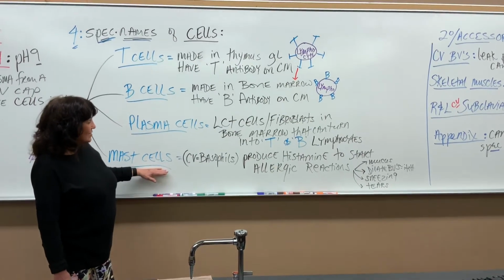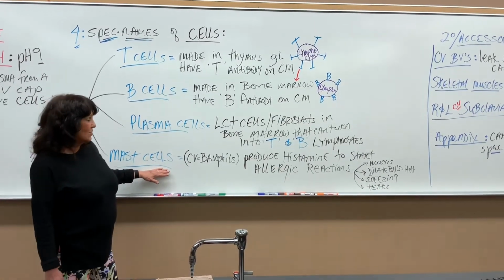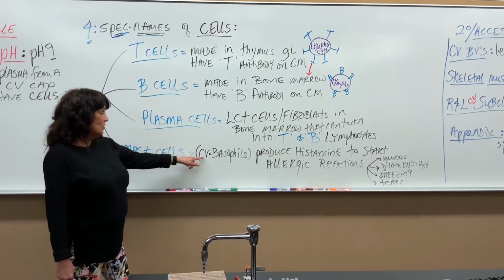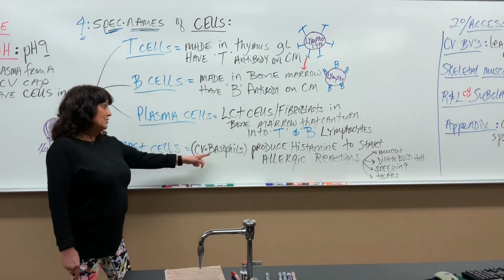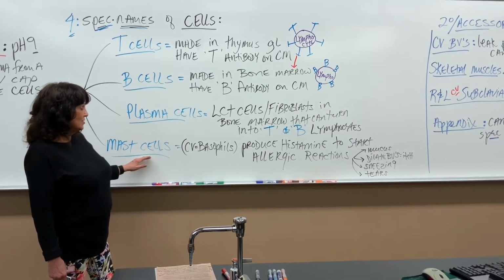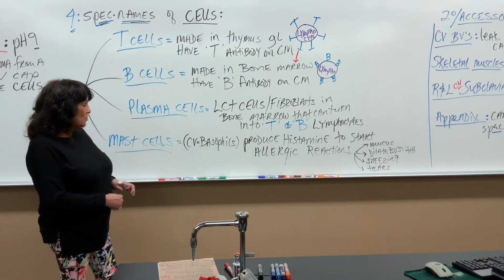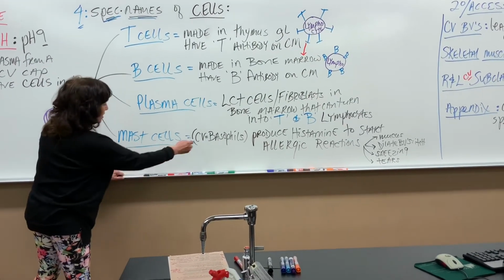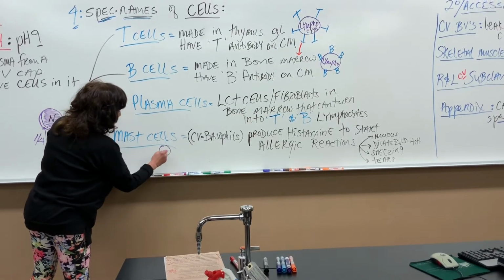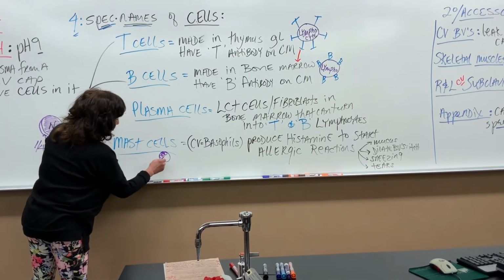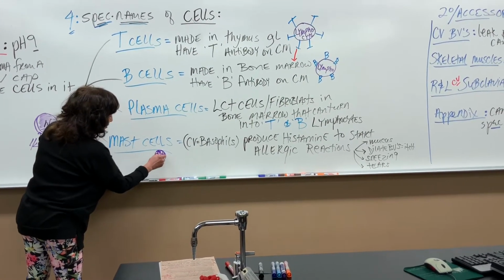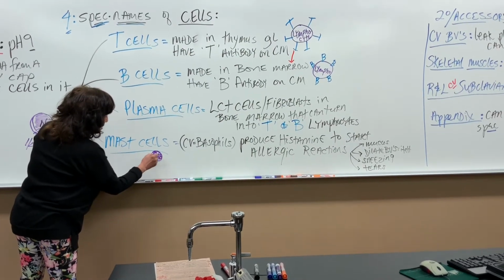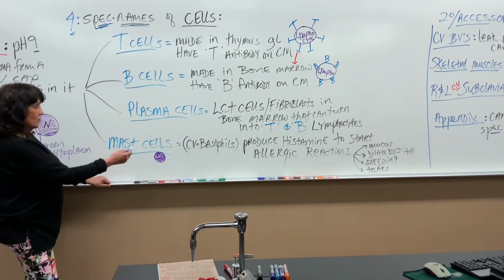And then the last cell that's in your lymph a lot of times is actually a cardiovascular cell, and it's called a basophil, a mast cell. And when we saw those to identify blood cells, the mast cell or the basophil is just a solid, granular looking, purple, small, white blood cell right there.